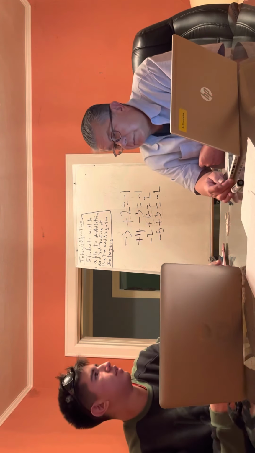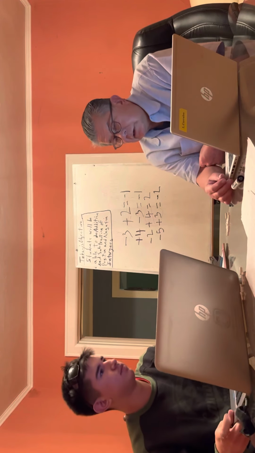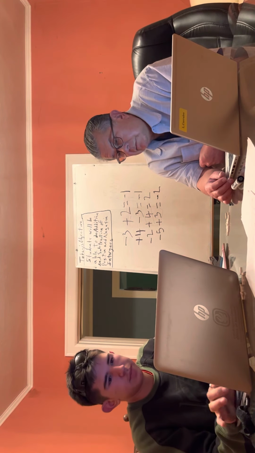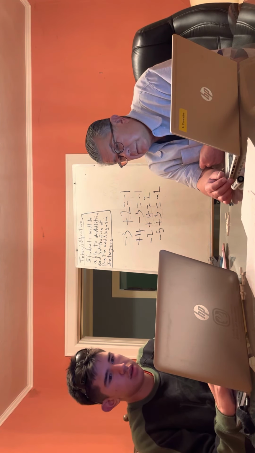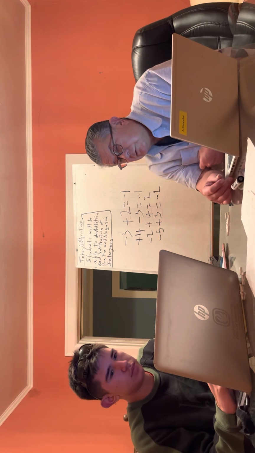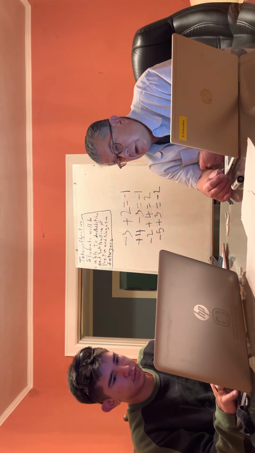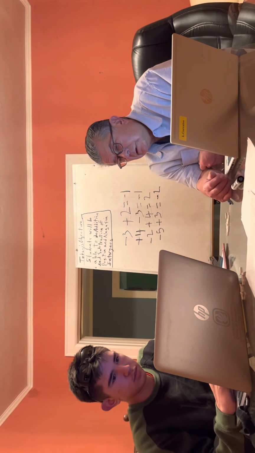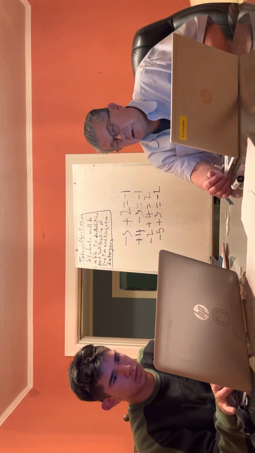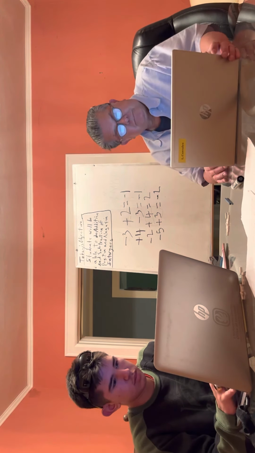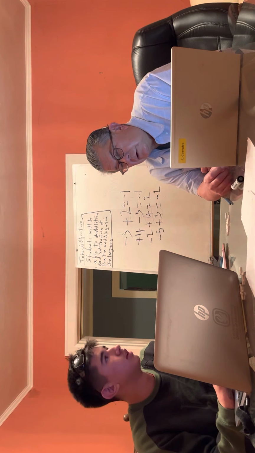Is that right, Mr. Cross? You got it, perfect. All right, now the password is student #1, and you can get right into it. I'm in, Mr. Cross. Great, all right, you're in.